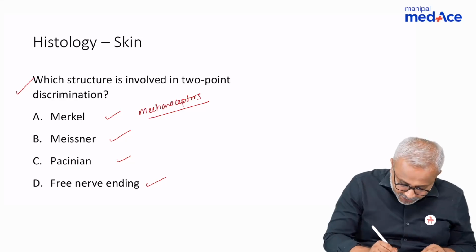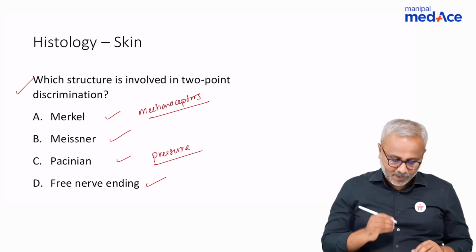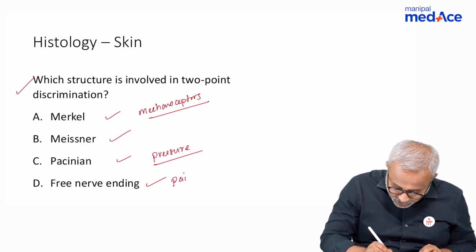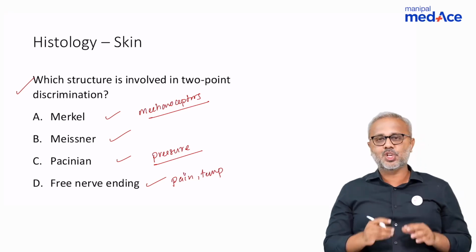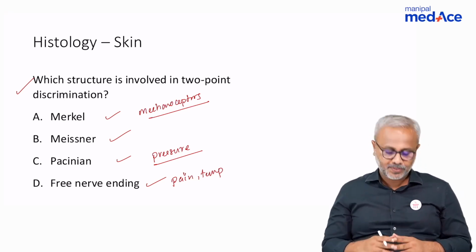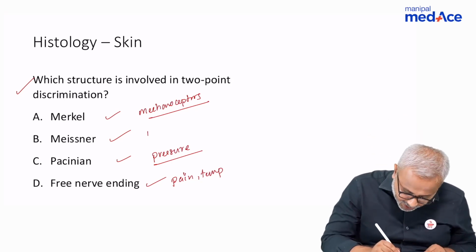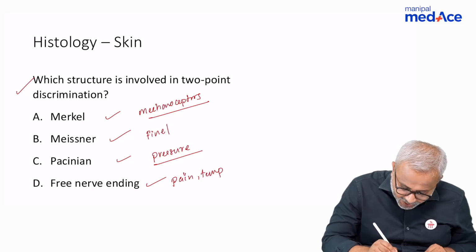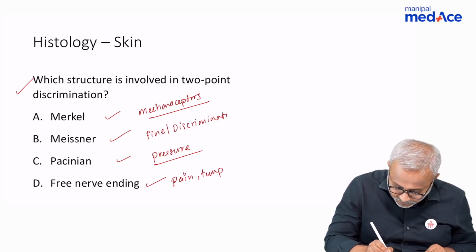When we talk about Pacinian corpuscles, remember P for P, it detects changes in pressure. Whereas free nerve endings are responsible for perceiving the sensation of pain and temperature. Then Meissner corpuscles are responsible for fine or discriminative touch.